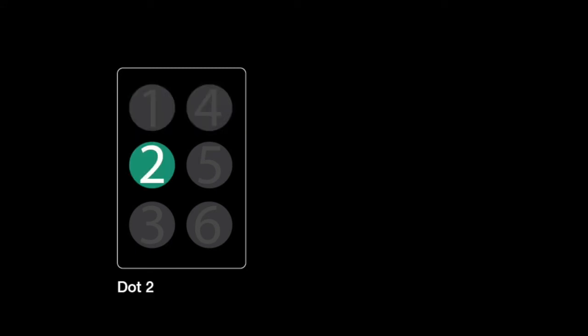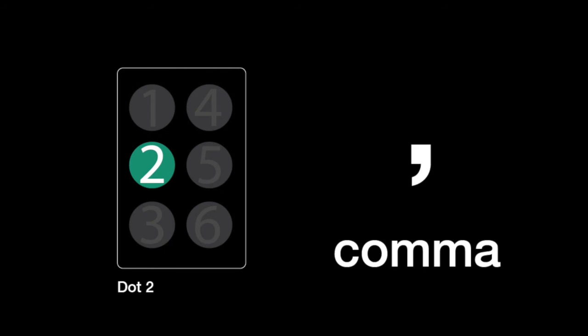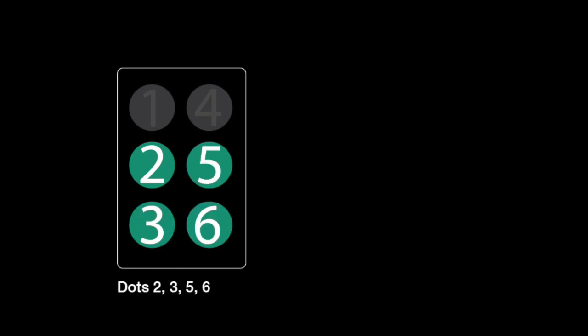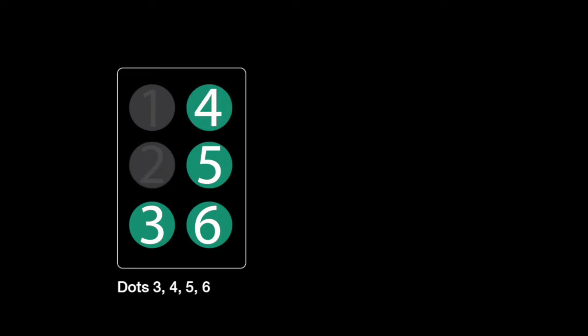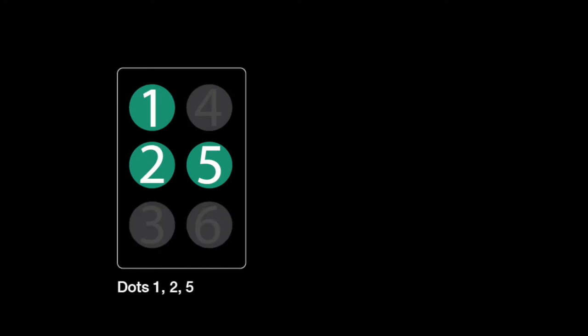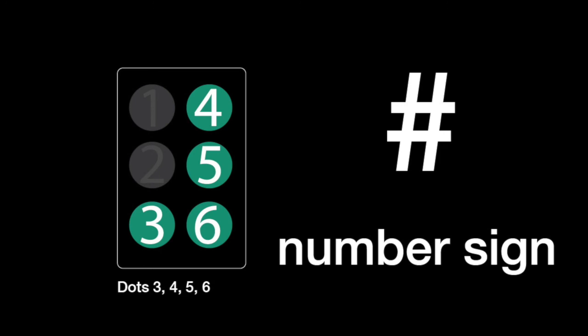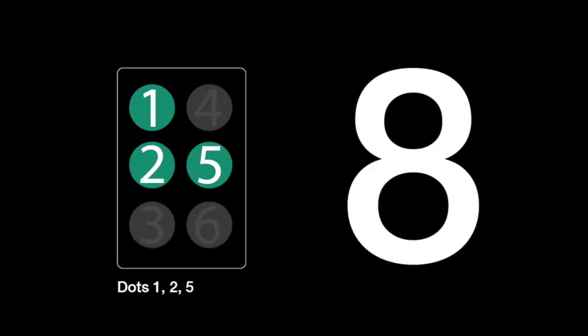Dot 2. A comma is dot 2. Dots 2, 3, 5, and 6. Open and close brackets is dots 2, 3, 5, and 6. Dots 3, 4, 5, and 6 plus dots 1, 2, and 5. 8 is a number sign, dots 3, 4, 5, and 6 plus H, dots 1, 2, and 5.